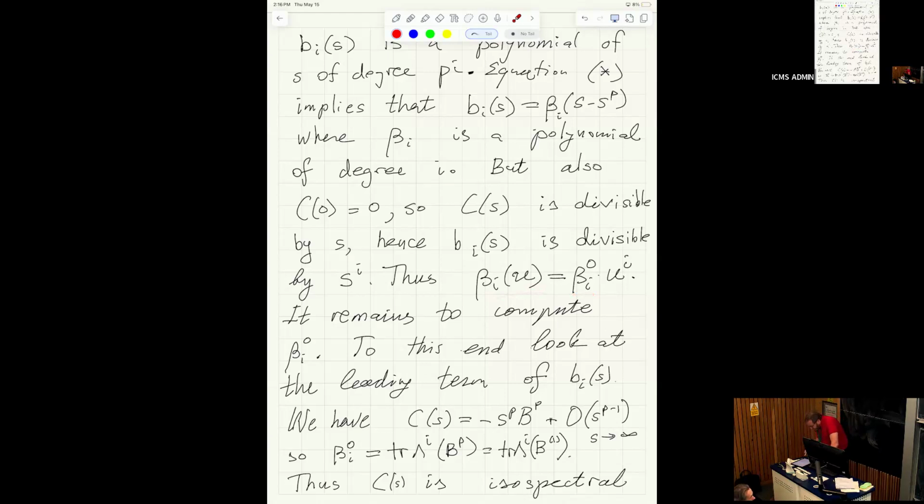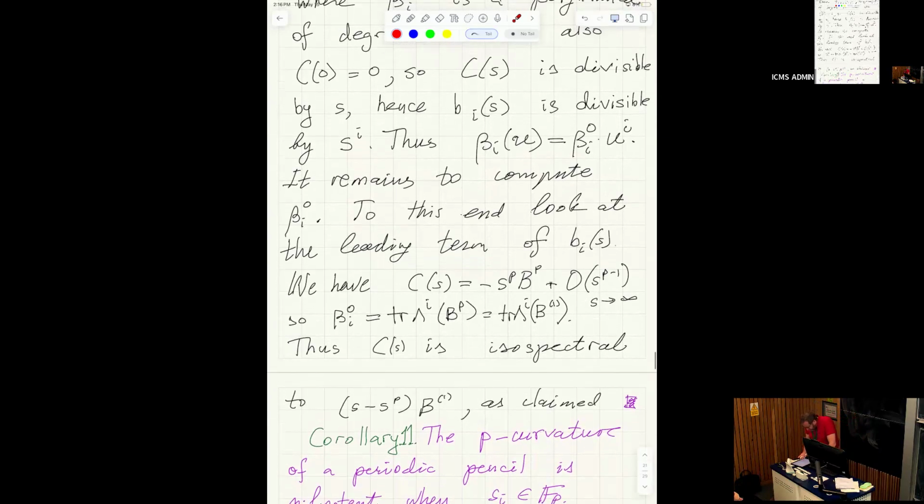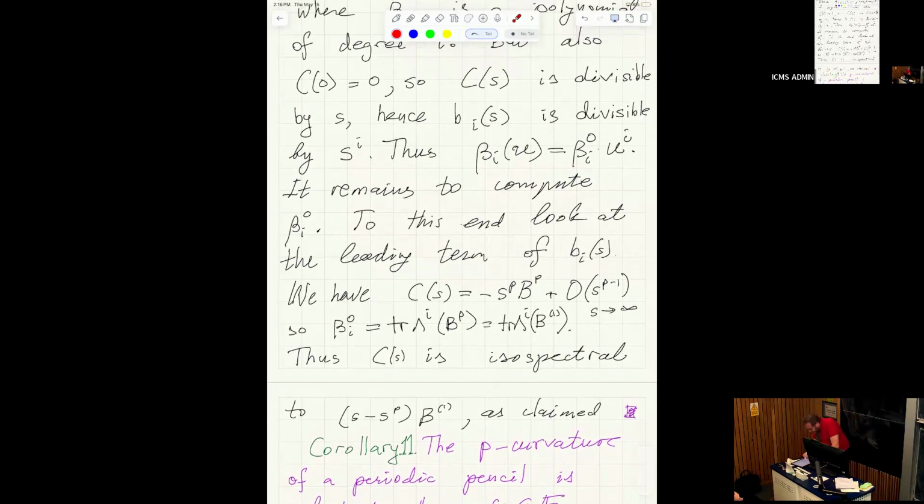And now we can compute this coefficient beta_0 by actually doing the WKB approximation, which means we send S to infinity. Then the leading term is minus the p-curvature, which is minus S to the p b to the p, and b to the p is isospectral to b^(1) because b to the p means I raise the matrix to power p, and b^(1) means that I raise every matrix coefficient to power p.